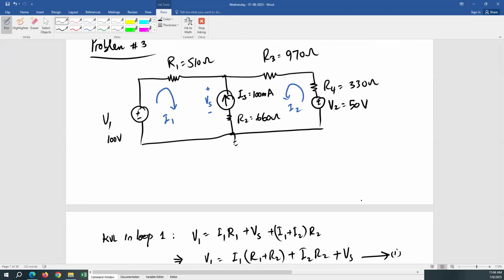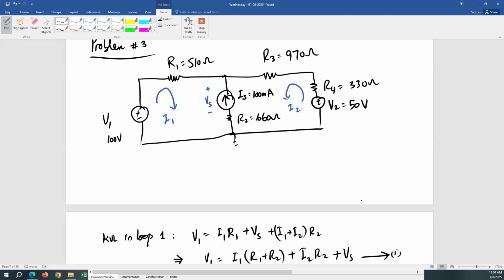Not Vs. Vs is not going to be there. IS, so you're equating current equals voltage. That is not possible. Current cannot be equal to voltage.